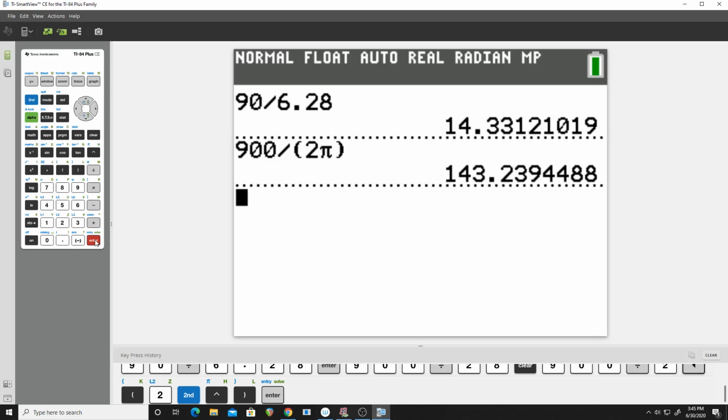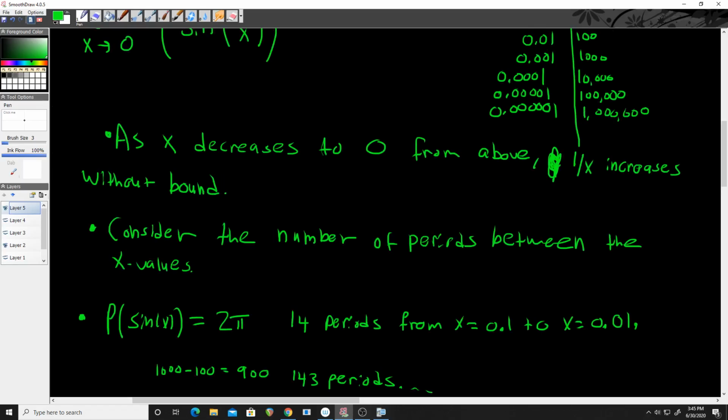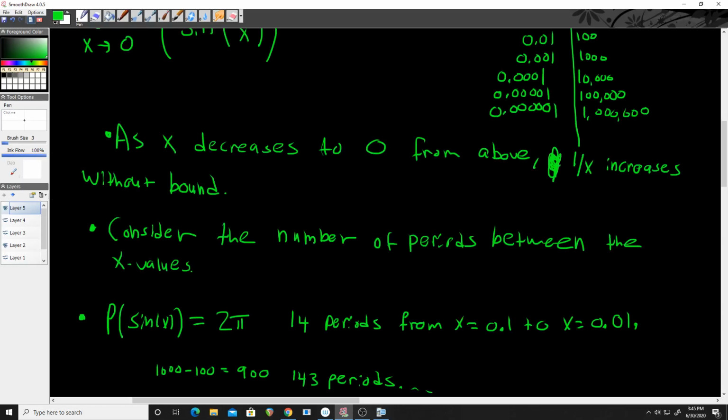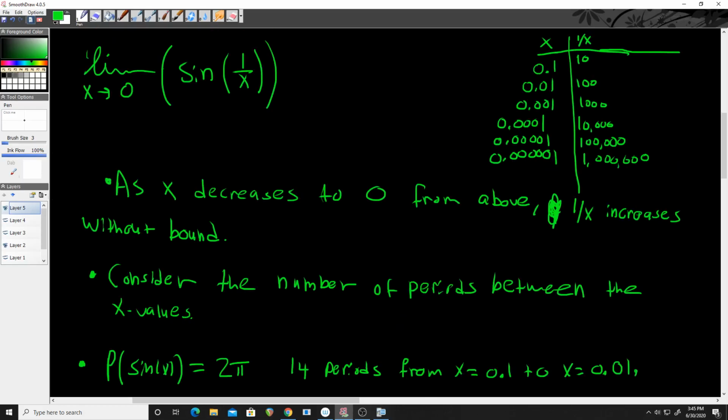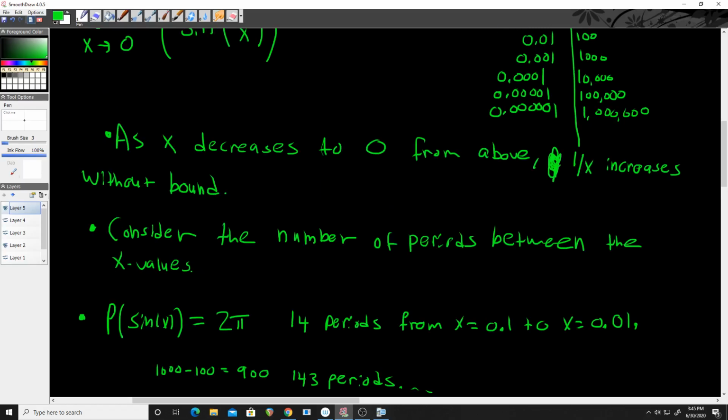About 143 periods. From there, we get the idea. From x equals 0.001 to 0.0001, the distance is going to be 9,000, and we're going to have over 1,000 periods.